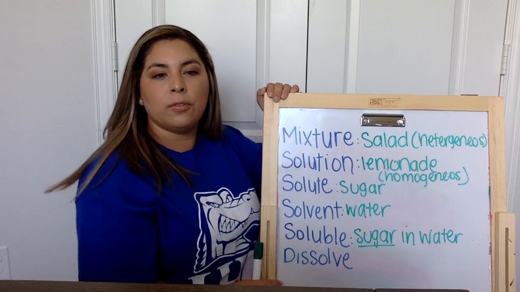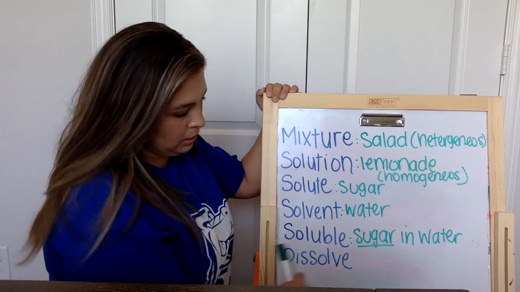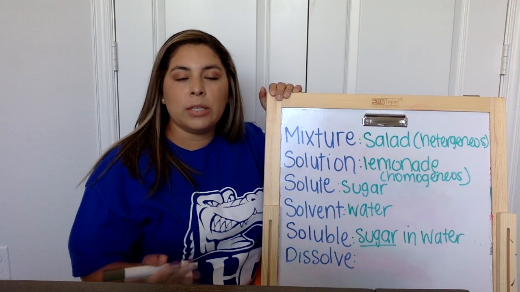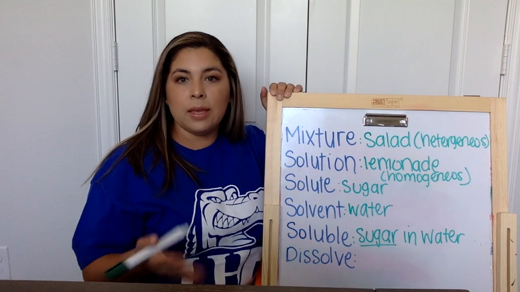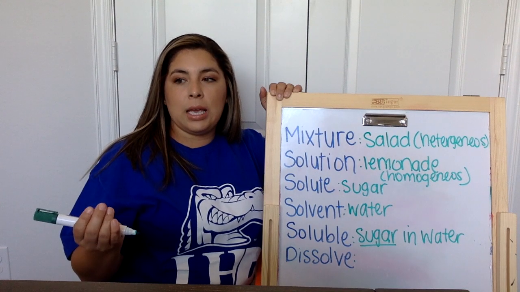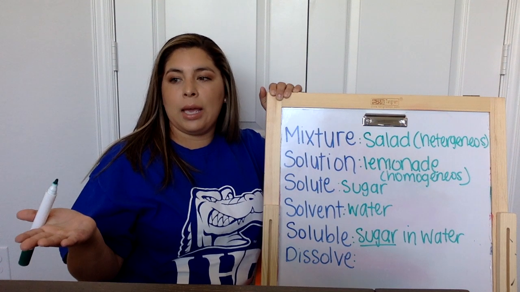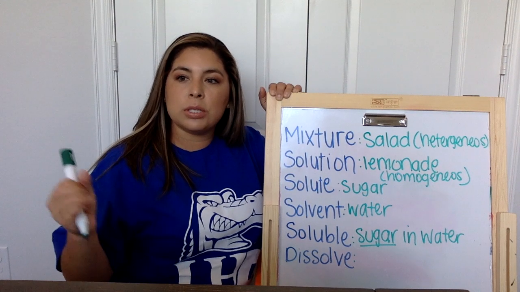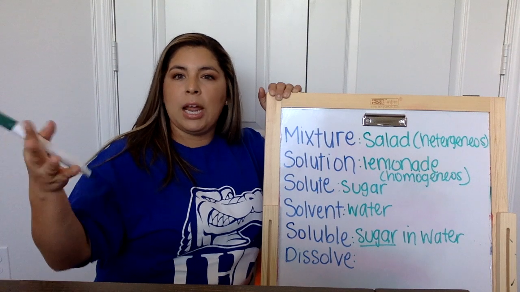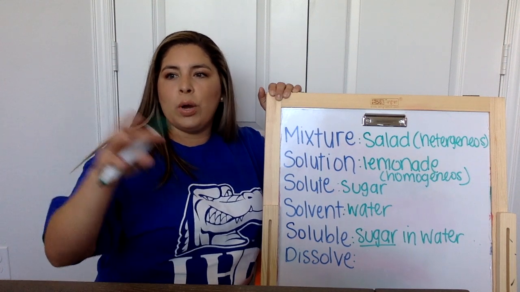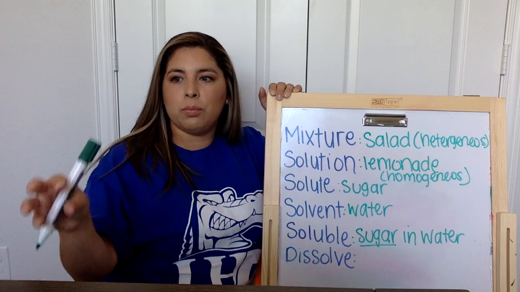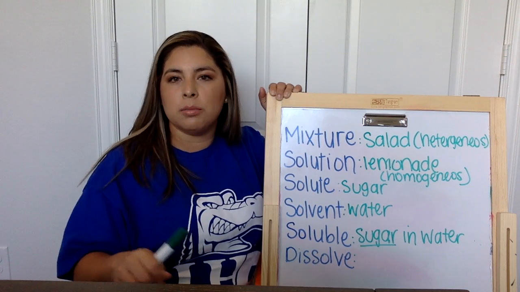And then our final word is dissolve. Dissolve is the process when two or more materials are mixed together and then one seems to disappear. So again, we could go back to our lemonade example and say, when we squeezed the lemon juice in the water, it did change color, but we can't actually pinpoint and say, well, that part's the lemon juice and that part's the water.